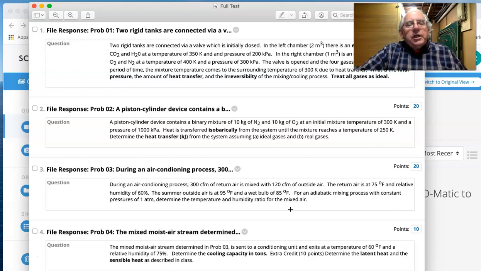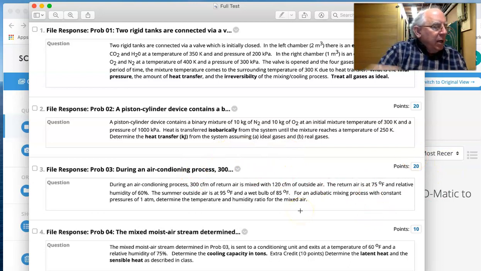So in this particular problem, it's fairly straightforward: 2 streams coming together and ending up with a final stream, and determining what the temperature and humidity ratio is for that.